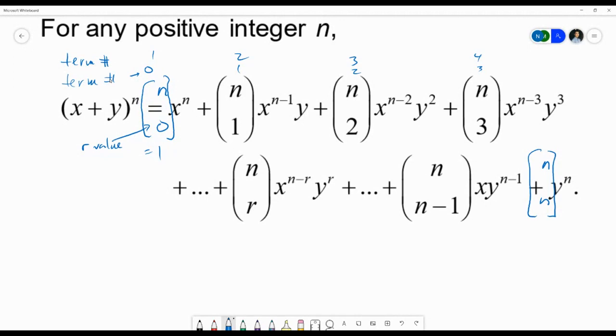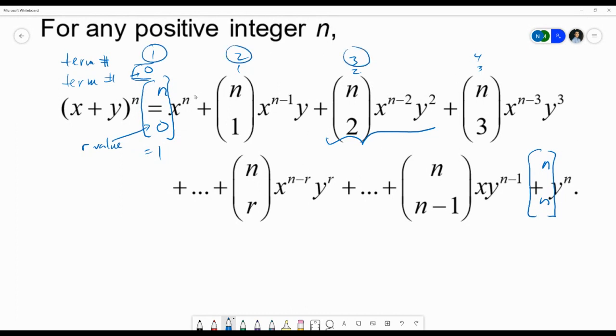But the problem with that is that the book will actually tell you what is the third term. Well, the third term is this one right here, because it is the third term in this expansion. So therefore, we can't really use the term starting at 0 here, okay? We have to use the term number 1, 2, and 3, and so forth.